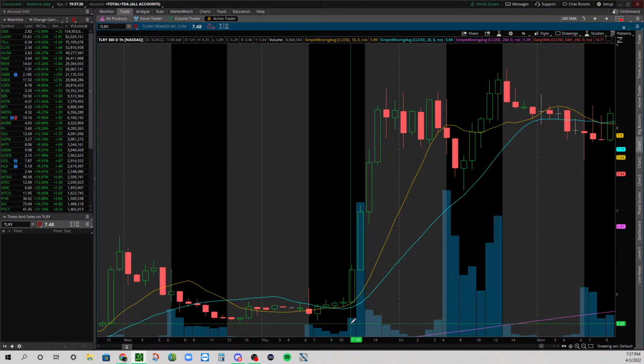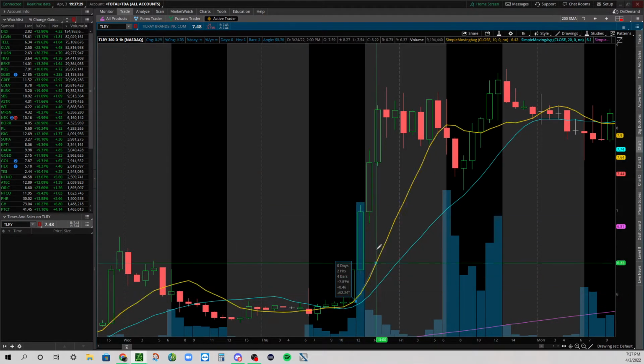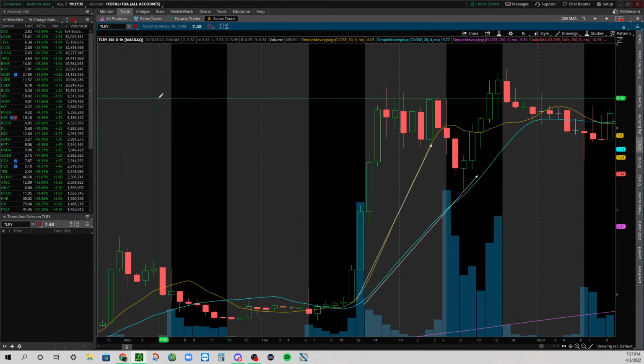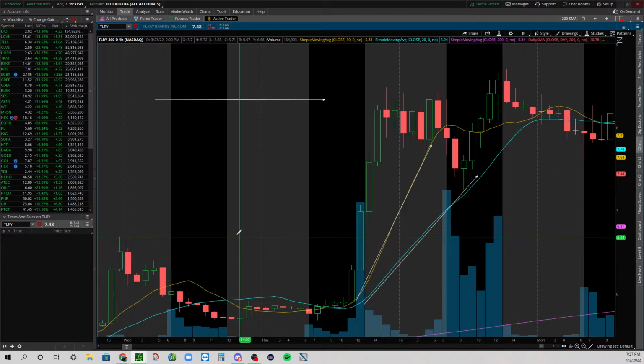My note literally right in front of me says do not fight the 10 and 20 SMA trend. If it's pointing up and, let's say this guy right here, it's running up and I want to short this thing so bad because let's just say there's a resistance level right here to the left.